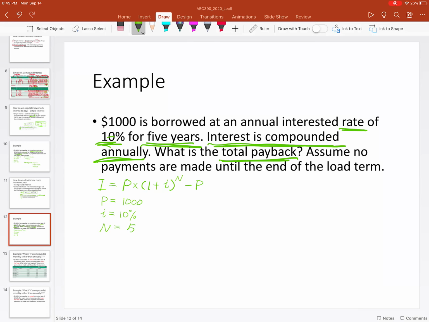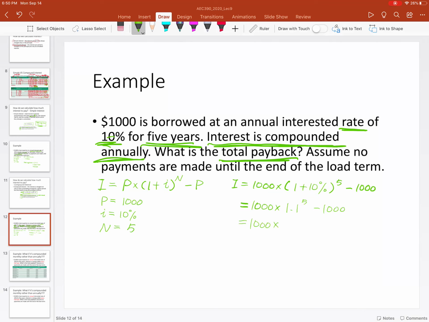Okay? Now let's replace these letters by the values. So I is 1,000 times 1 plus 10% to the power of 5 minus 1,000. So 1 plus 10% is 1.1, right? To the power of 5 minus 1,000.